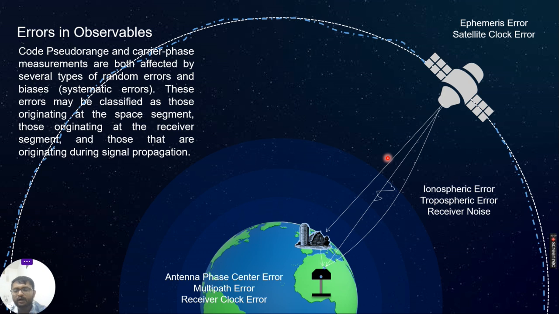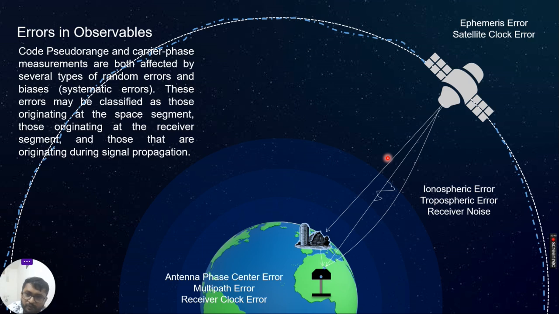So now we are comfortable with what GPS is, what the different components of GPS are, what GPS carries, and how to find the location of a user using the GPS signals. After that, we will see what kind of errors can be introduced in the GPS.